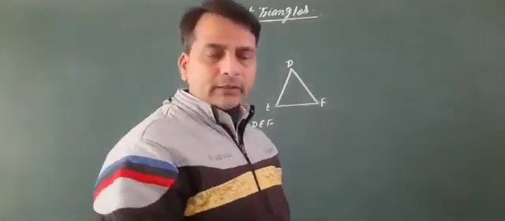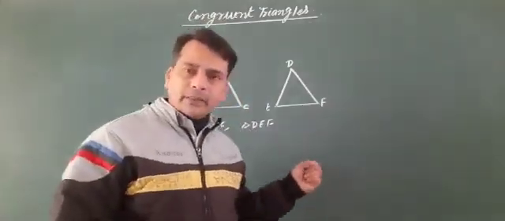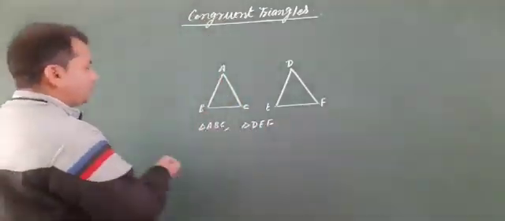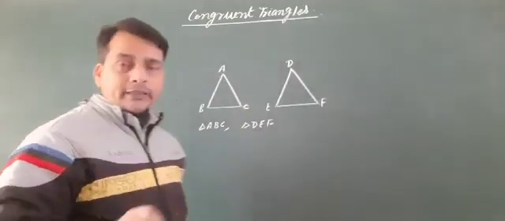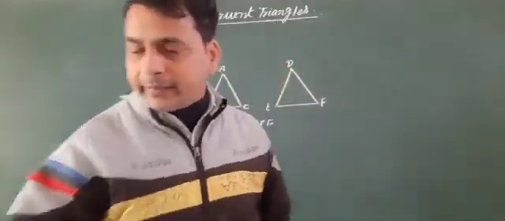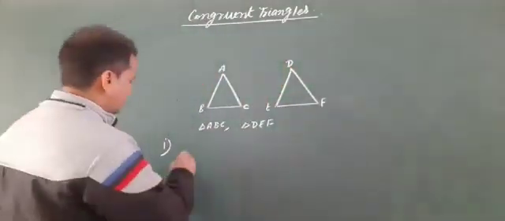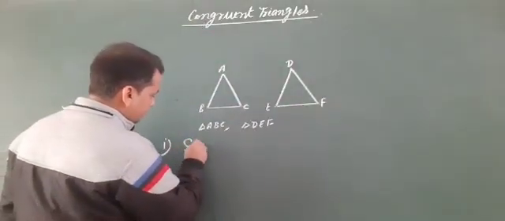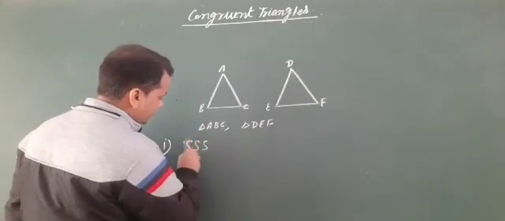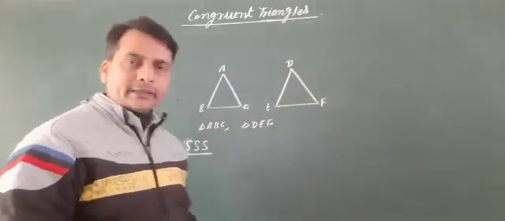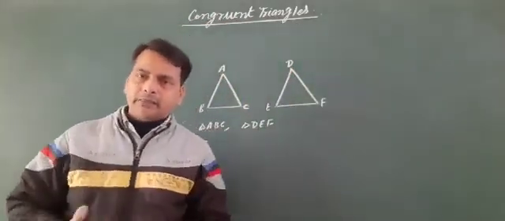So now the first condition of congruency in the triangle is given here: side, side, side. So here is the first condition of the congruency, that is side, side, side.